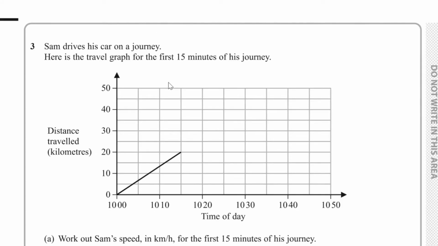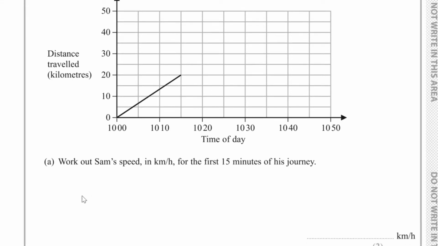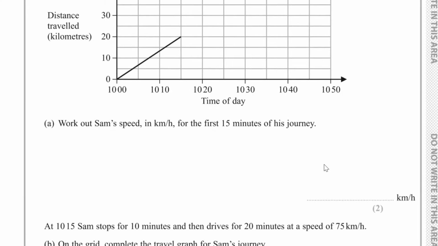Question number 3. Sam drives his car on a journey. Here is the travel graph for the first 15 minutes of his journey. We've got the distance travelled in kilometres, and we've got the time of day. And for part A, we have to work out Sam's speed in kilometres per hour for the first 15 minutes of his journey.